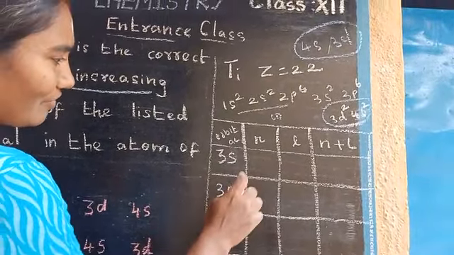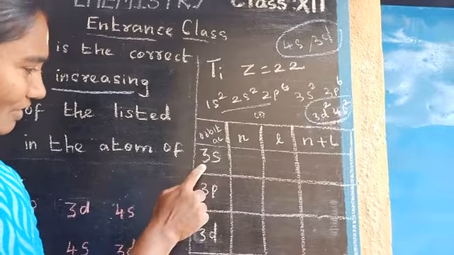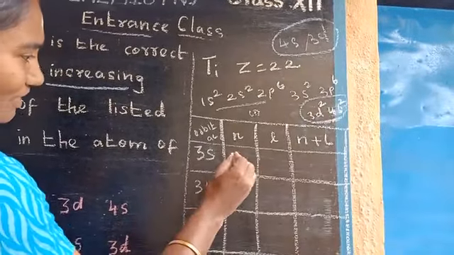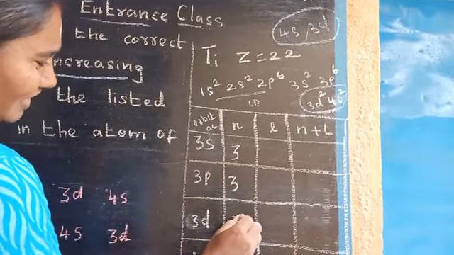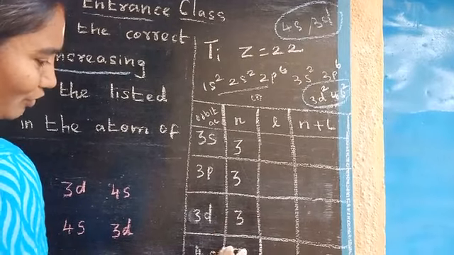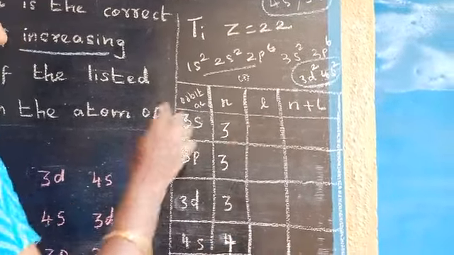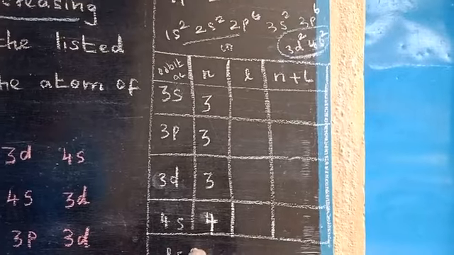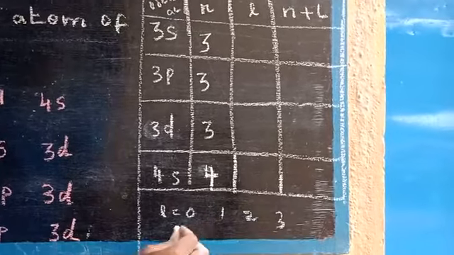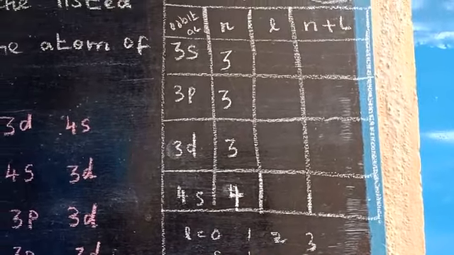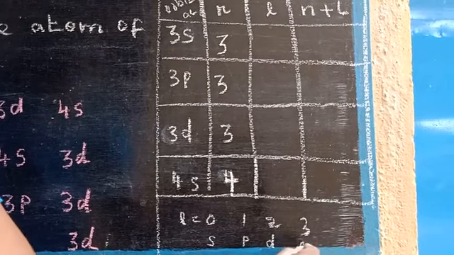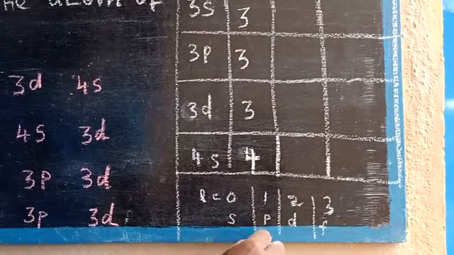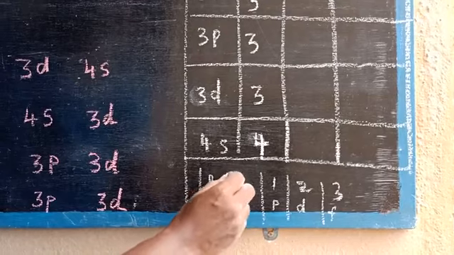Now write the n value. n is the principal quantum number. So the first number to write here is 3, here 3, here 3, here 4. Next, l value: 0, 1, 2, 3. l value 0 is the s orbital, 1 is p, then d and f orbitals. This one you studied repeatedly in 11th standard.